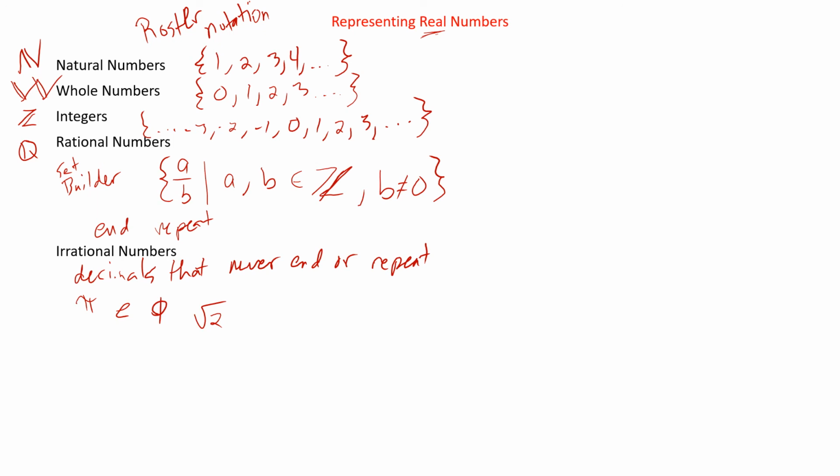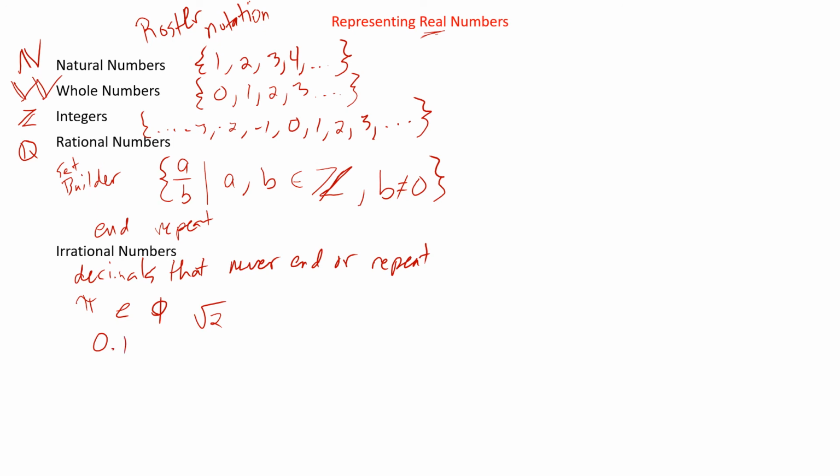And then some people even still don't believe that, well, how could it never end or repeat? You can make an irrational number wherever you want on the number line. Let's say we want an irrational number in between 0 and 1. Well, every number in between 0 and 1 starts out with 0 point something.